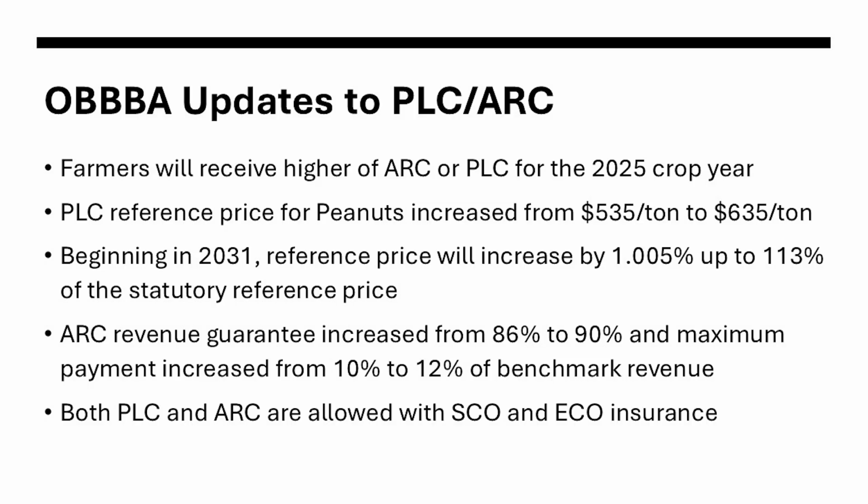Also, there's an opportunity after 2031 that reference prices will increase by 0.5%. So they can go up to 113% of the statutory reference price for PLC, and then for the ARC program, the revenue guarantee was increased from 86% to 90%, and then the payment based on the benchmark revenue is 10 to 12% of that.